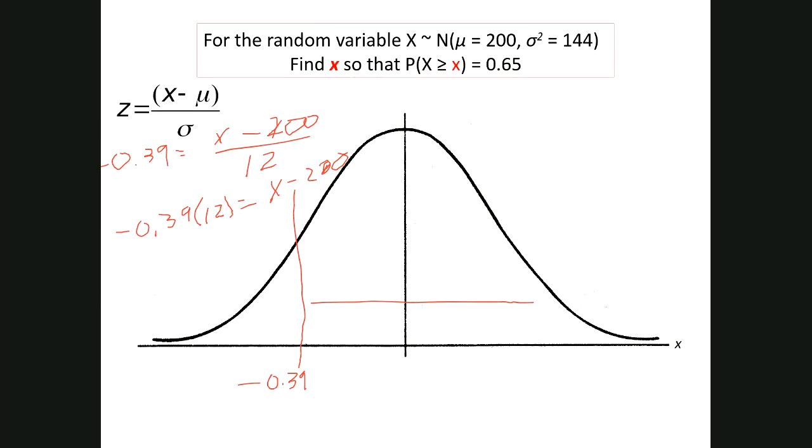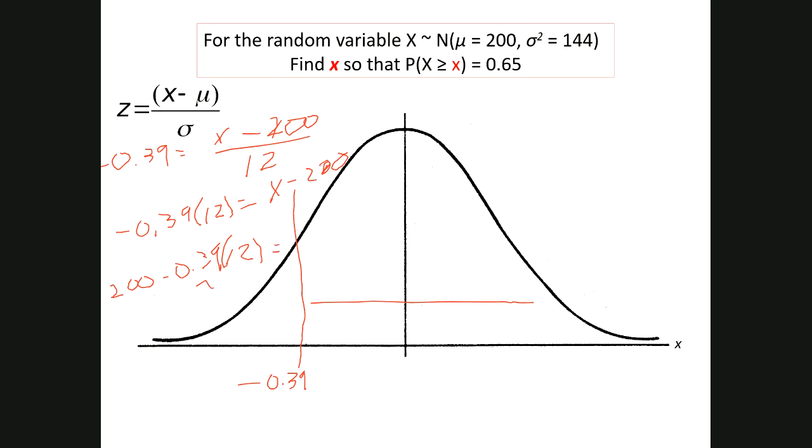When we add 200 to both sides, 200 minus 0.39 times 12 is going to equal our value of x.